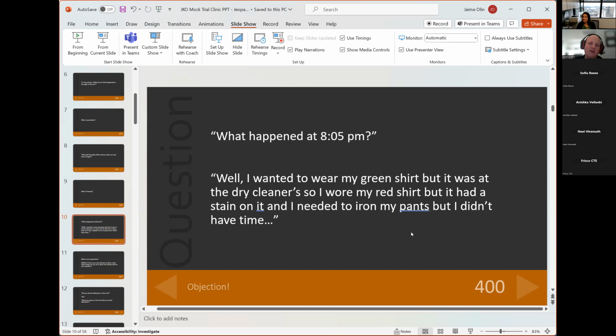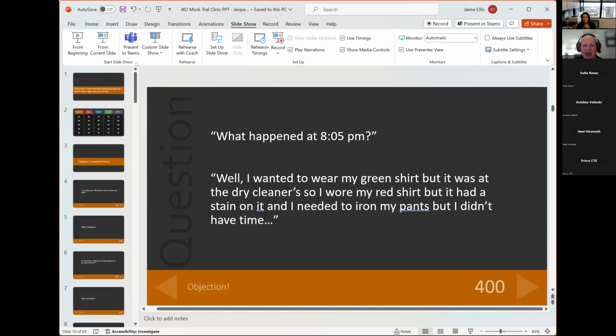But if the witness has been previously admonished about going off the rails and going afield from the question, then that would change the analysis a little bit. So this is not necessarily a clear-cut answer, but that's kind of what I would do in this situation.